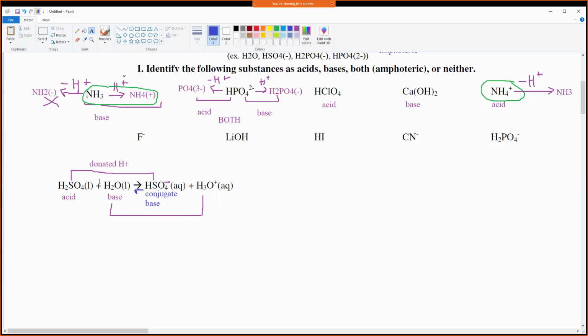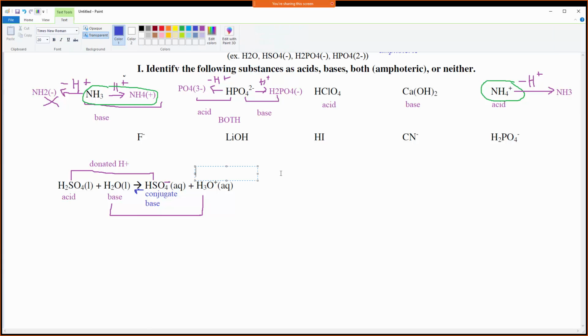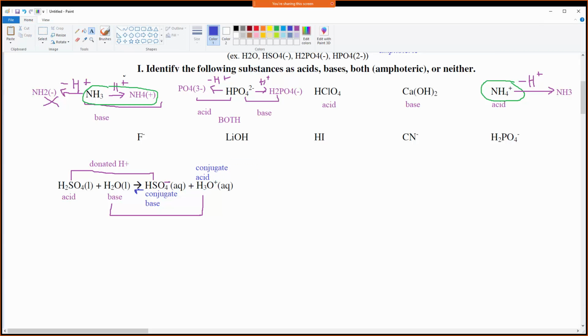They're related to each other. And if I was to go backwards again, I would have to lose that H plus ion to get back to water. And that means that I am the conjugate acid in this reaction. Does that make sense?